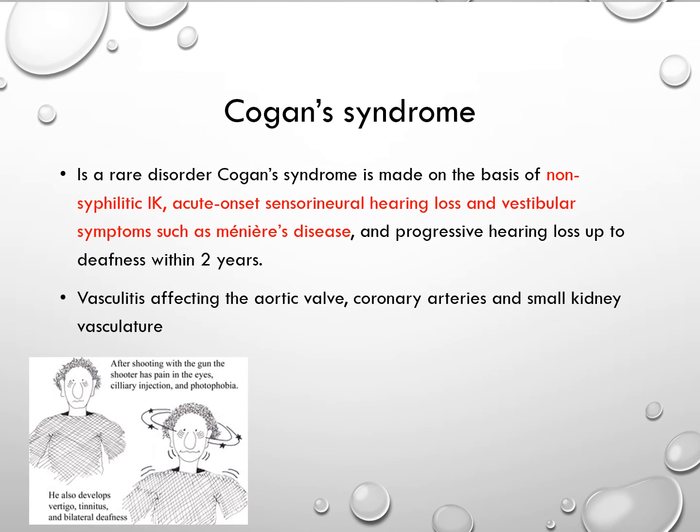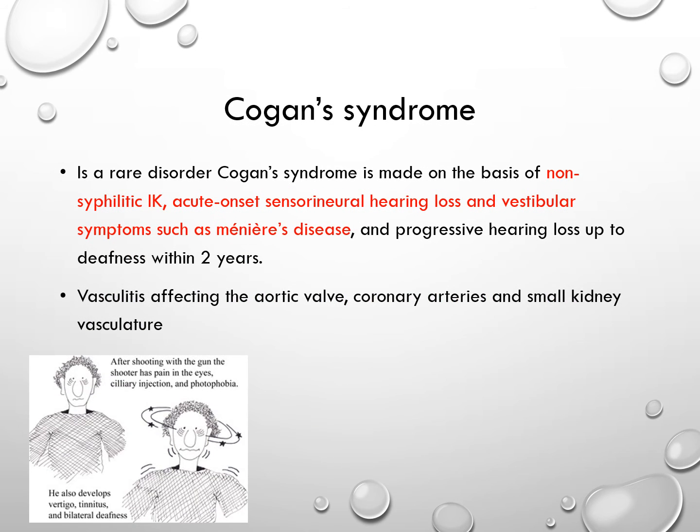Like Cogan syndrome, it's considered a rare condition, usually presenting with non-syphilitic interstitial keratitis, acute onset sensorineural hearing loss, and vestibular symptoms like Meniere's disease, and usually they will have hearing loss within 2 years. Also, there is coronary artery involvement as well as aortitis, with aortic valve involvement, as part of the large vessel vasculitis.